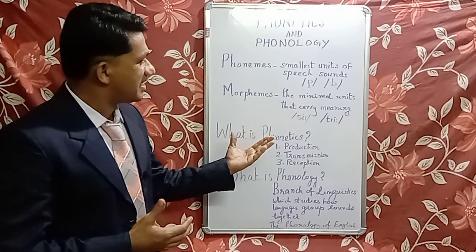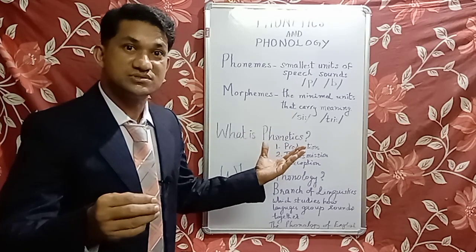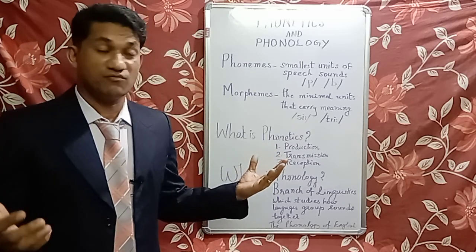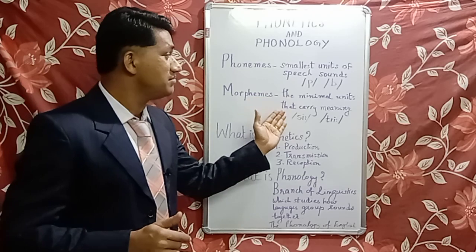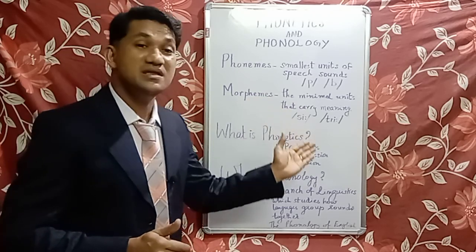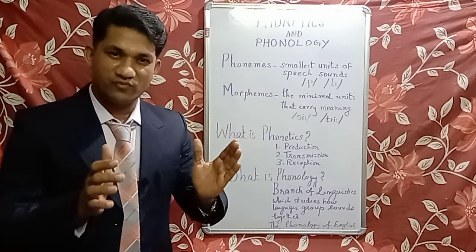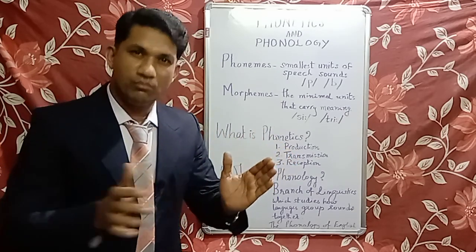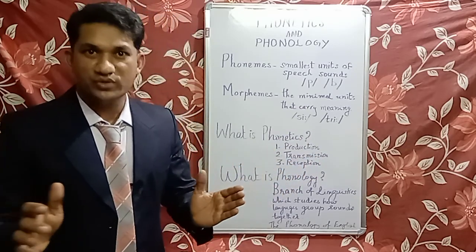And I told you, when we combine phonemes together, we get morphemes. And what are morphemes? Morphemes are the minimal units that carry meaning. You combine one phoneme with another and you combine more and more phonemes, you get larger units of language.